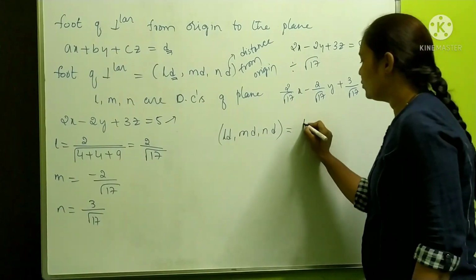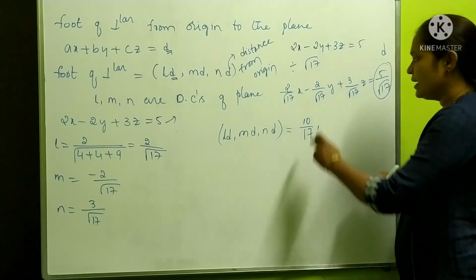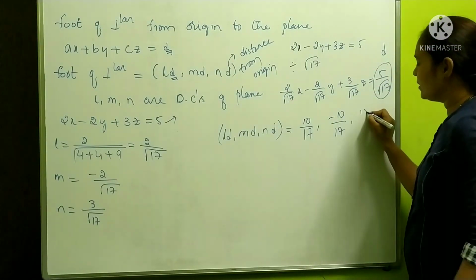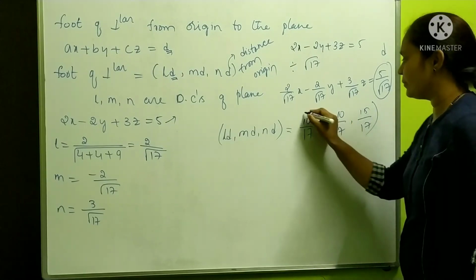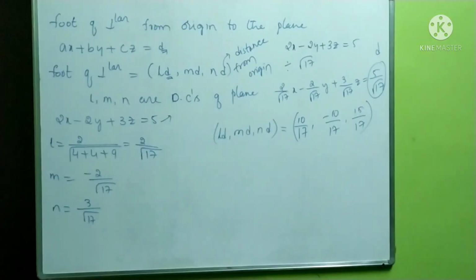LD. So 5 2s are 10 by root 17 into root 17 is 17, minus 10 by 17. 3 5s are 15 by 17. This is how you can calculate foot of perpendicular from origin to the plane.